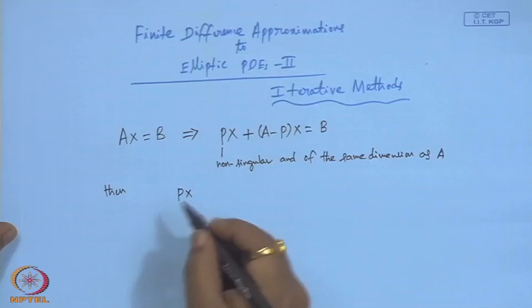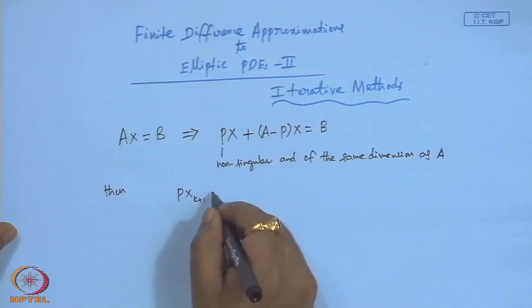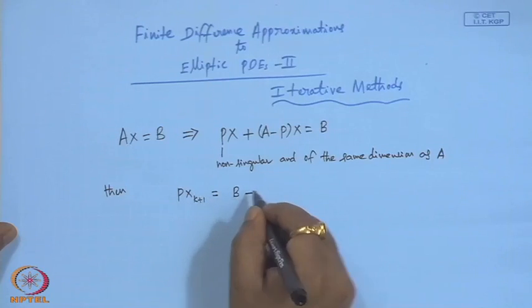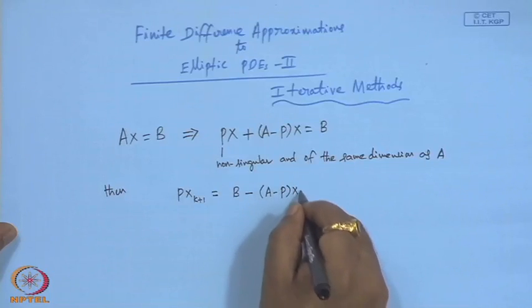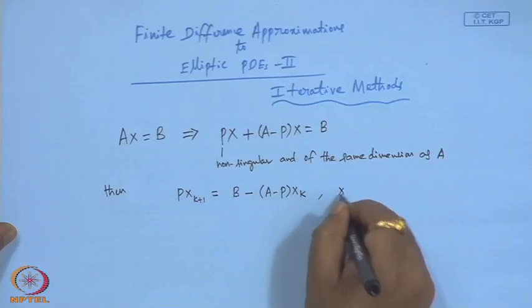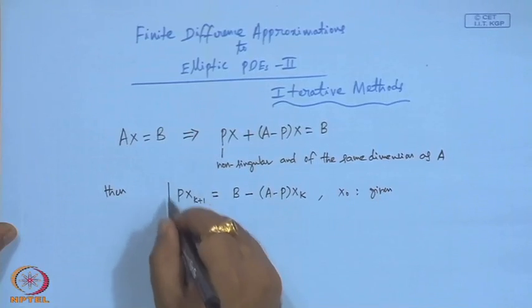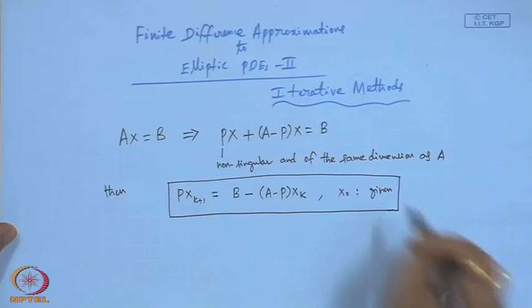One can define an iterative scheme, with x naught given. So this kind of an iterative scheme can be defined.